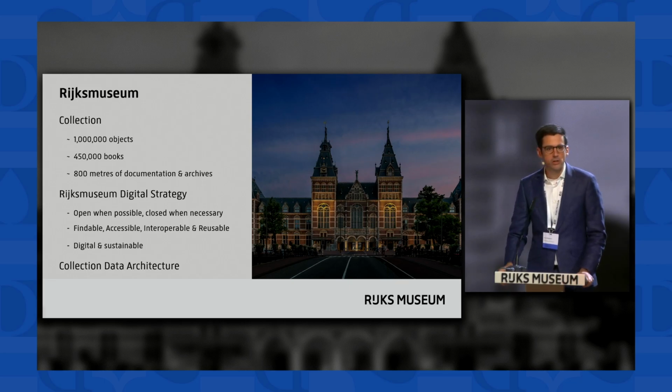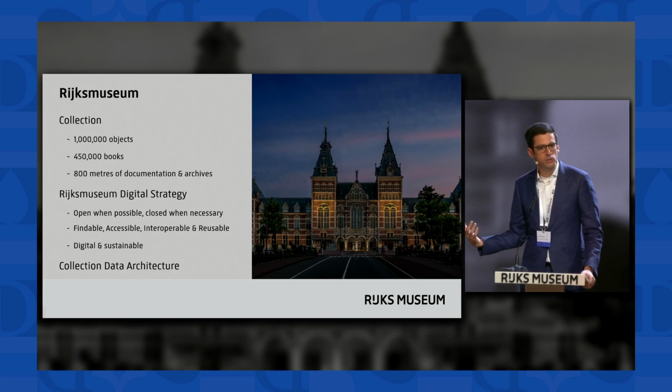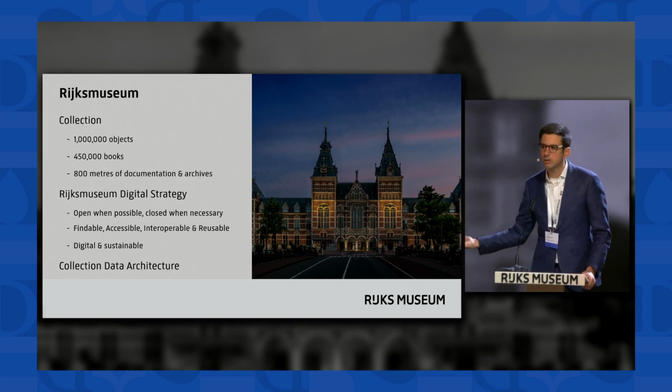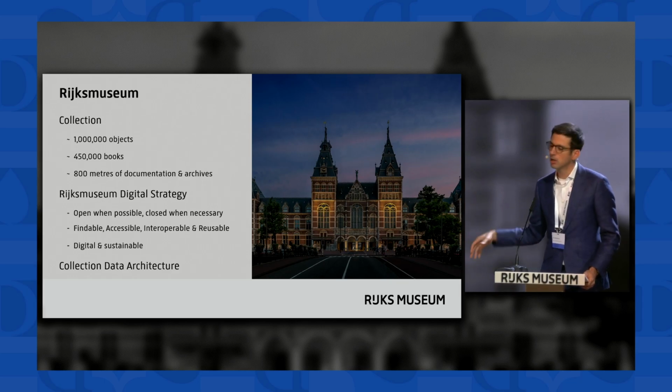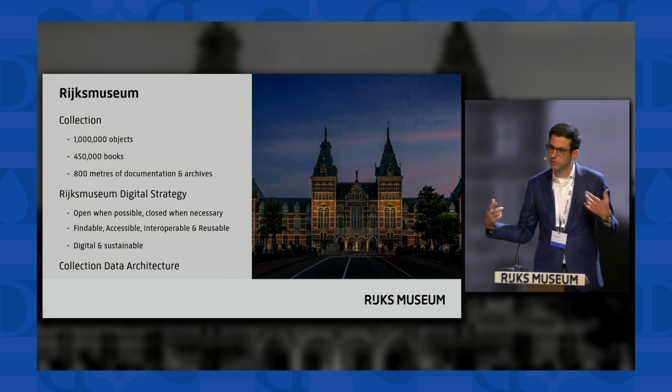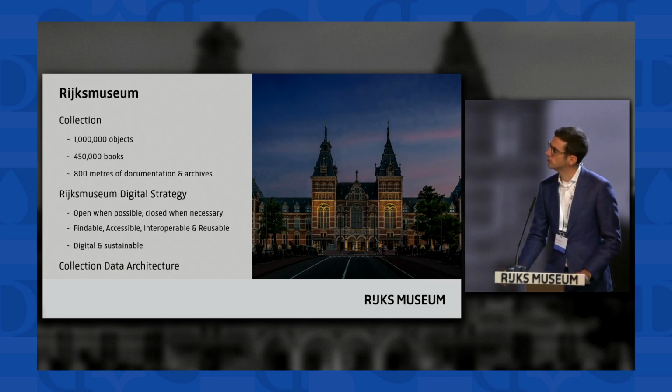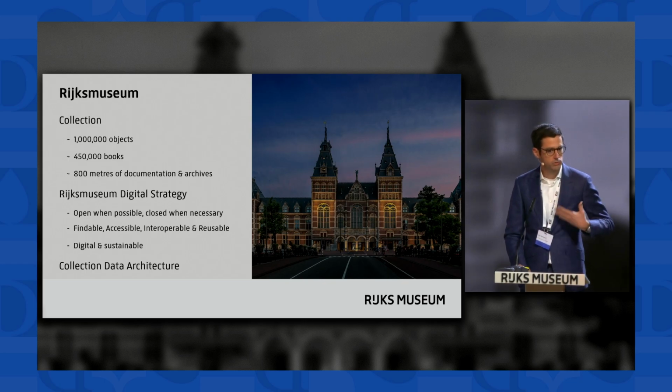And what we started increasingly doing is also trying to provide wider context around that collection. Not only focusing on the objects, but also bringing in the context of the books and the archives. So, nicely hooking into the keynote of this morning, the wider context of the information that you're managing as a knowledge institute.